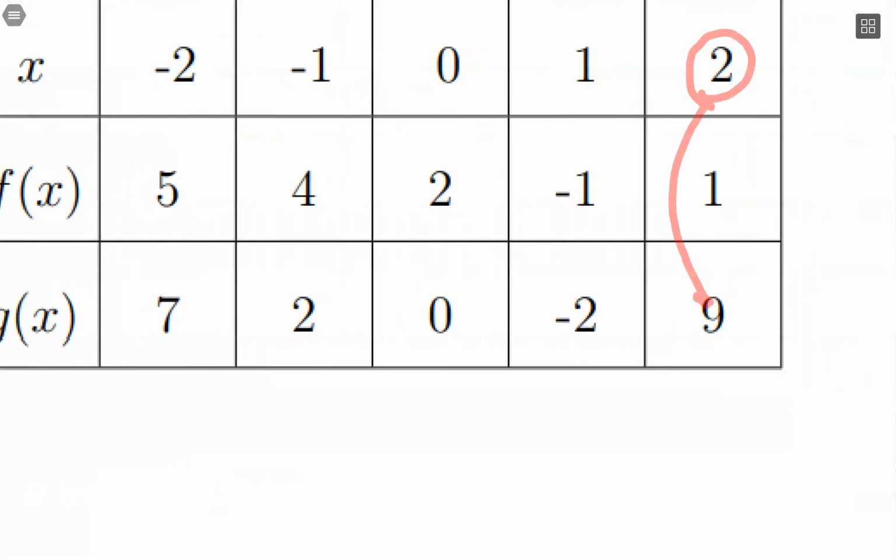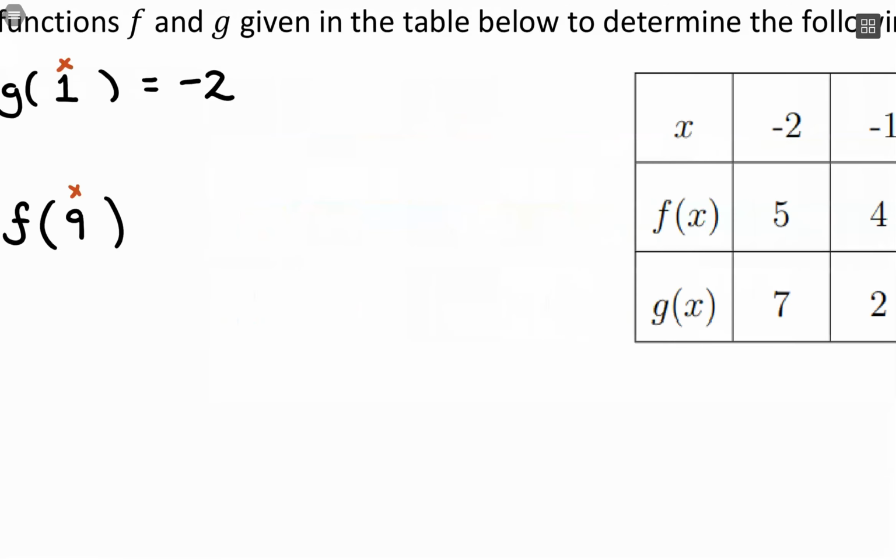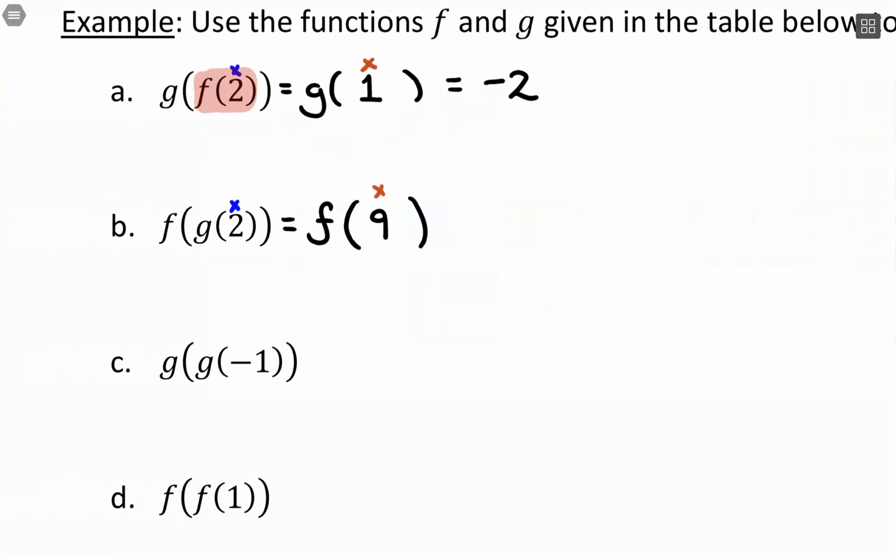So 9 becomes my new value for x. I want to look at x equals positive 9 and get the output for f of x. But what we can see from our table is we can't see x equals positive 9. It's not on there. So what we're going to do is answer this with DNE. Just as a reminder, that represents does not exist since it's not defined on the table.